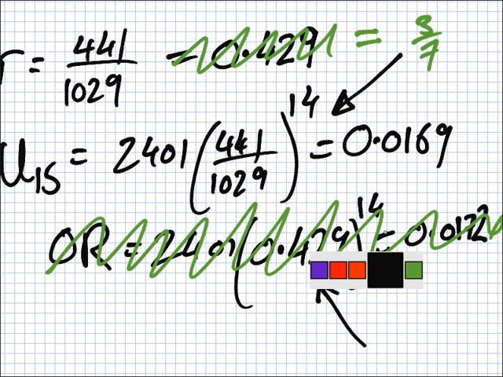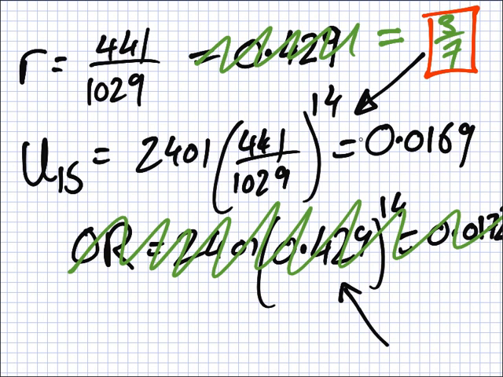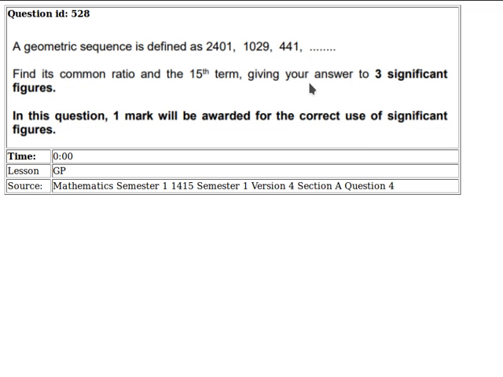So after reading the question, I would commit my answer to being 3/7 for the ratio and 0.0169 for the 15th term. Yeah, but this is showing you the importance of reading carefully. This is only because there wasn't an S here at answer. If it was S, oh well, then the problem returns.